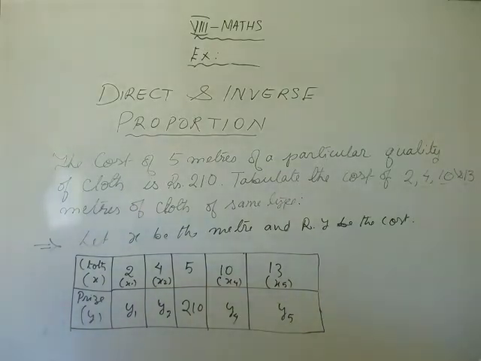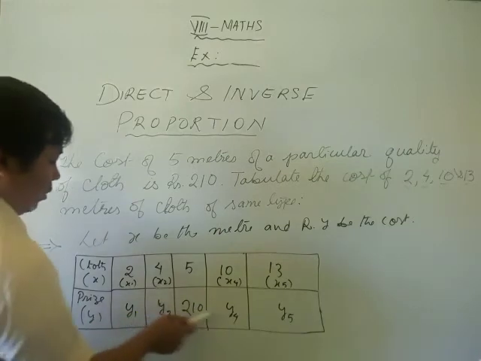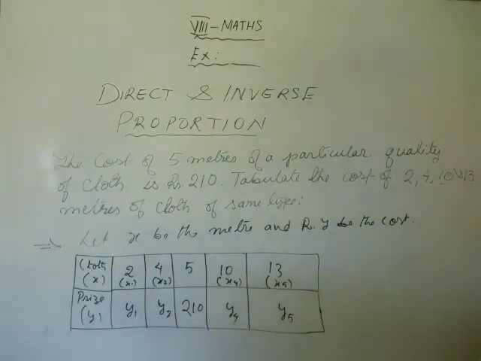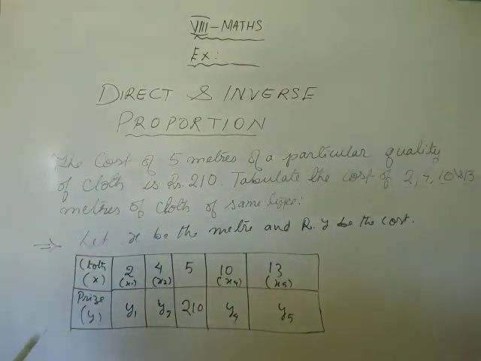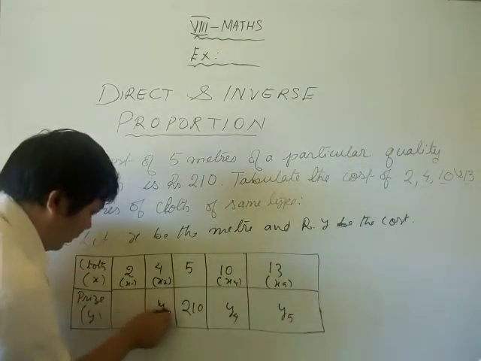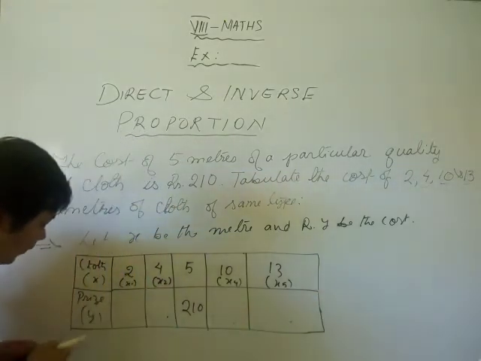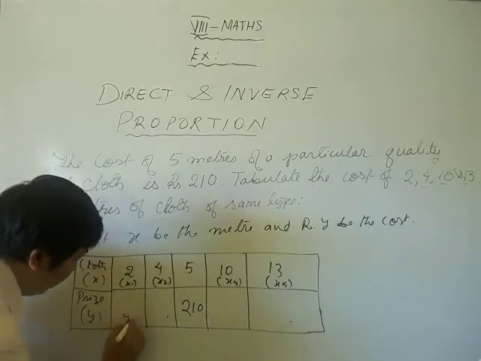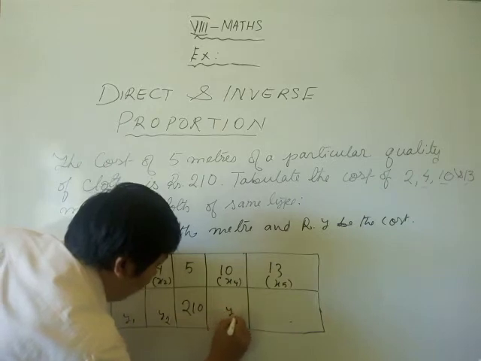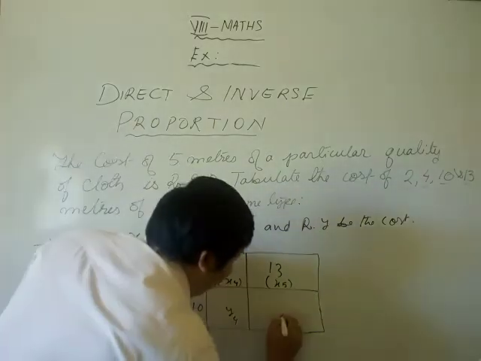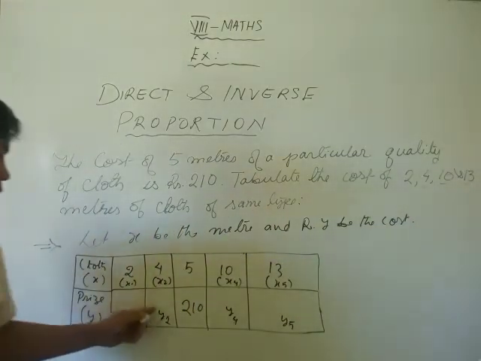Then we calculate the cost of these. We can find out how much their cost is and show it in the table itself. So we are going to find out y1, y2, y4, y5.